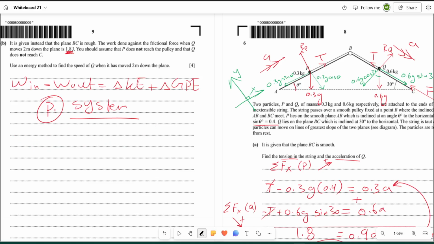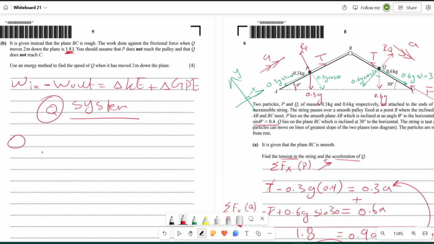Similarly, you need to take the system as Q now. If Q is your system, you're going to take work in for Q. What forces other than the weight are giving work in for Q? Nothing. Nothing is pulling Q. Actually, everything is acting against it.